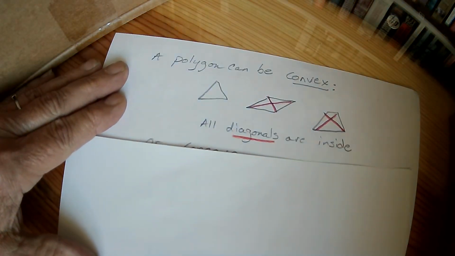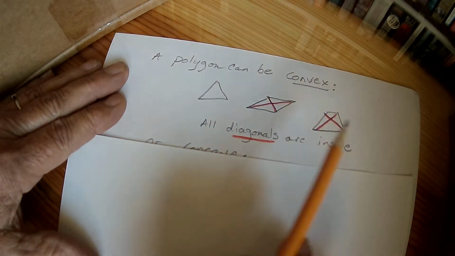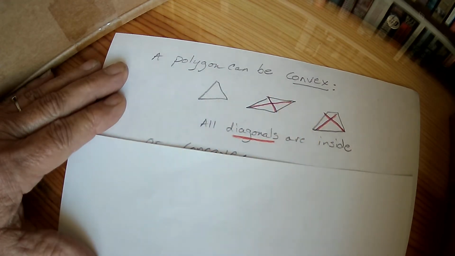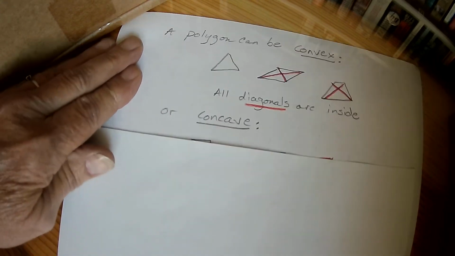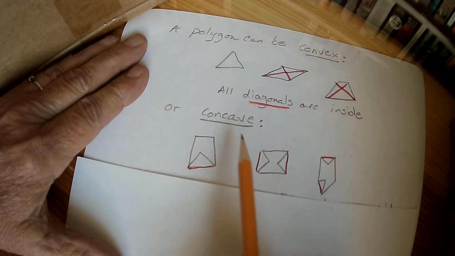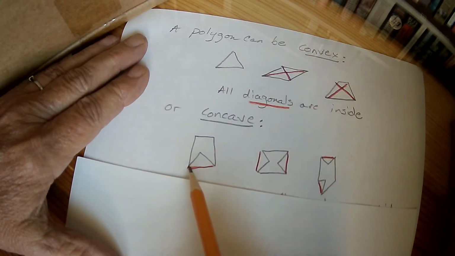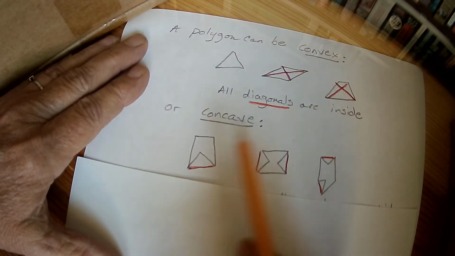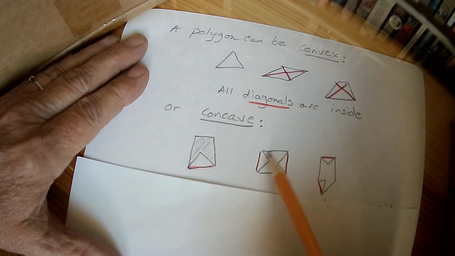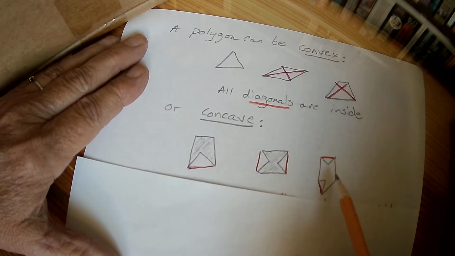So a polygon can be convex, meaning all the diagonals are on the inside, or a polygon can also be concave. And the way you're going to remember concave is that it sort of caves in. Like this is the polygon right here, and it sort of caves in right there.